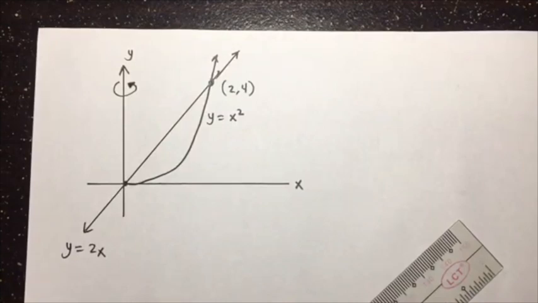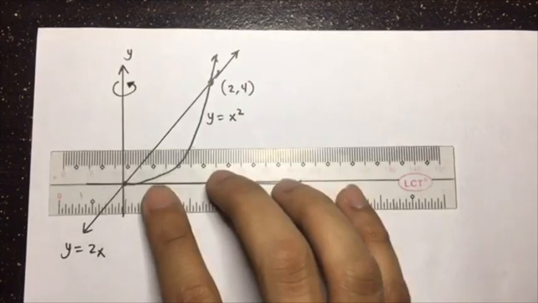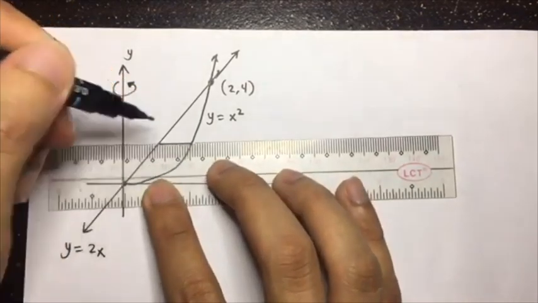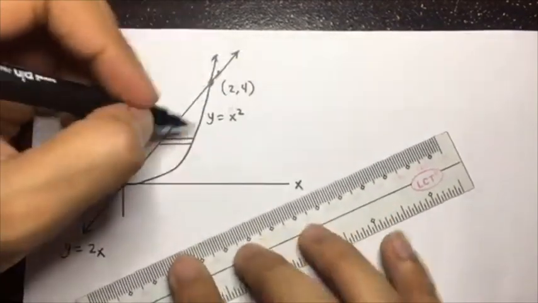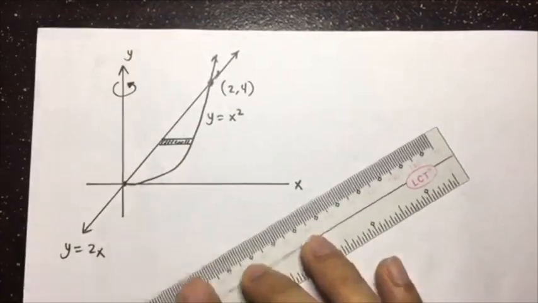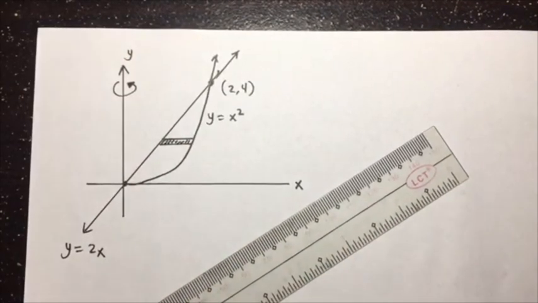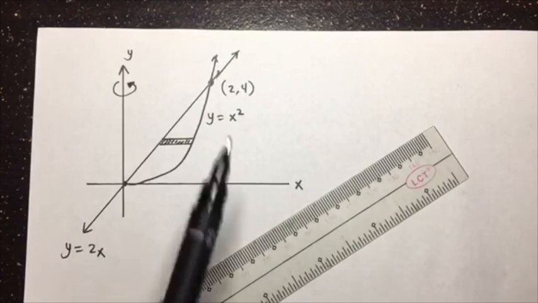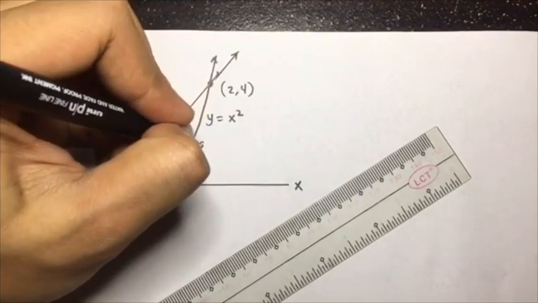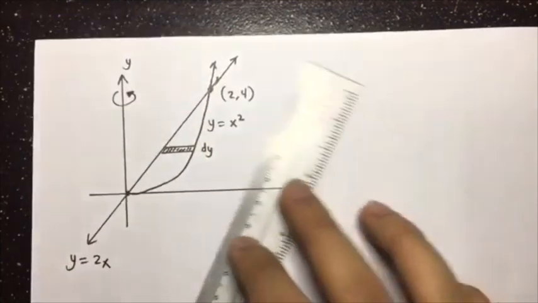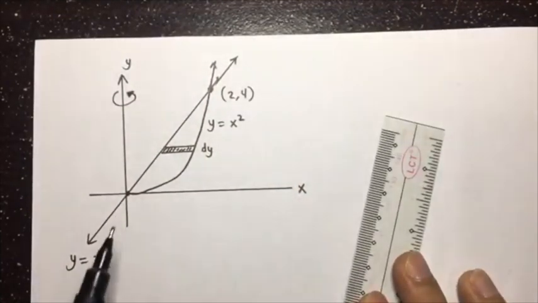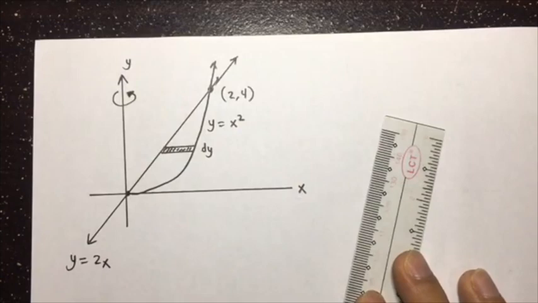If we use the ring method, therefore we have to use a horizontal strip. The strip should be perpendicular with the axis of revolution. So we will have dy as our integrating variable, and in the ring method we need the inside radius and the outside radius.